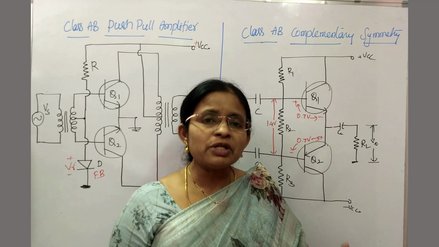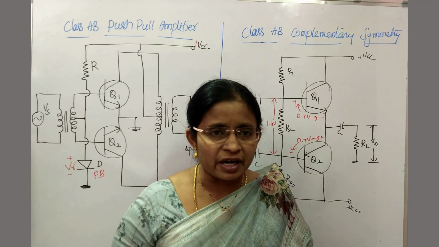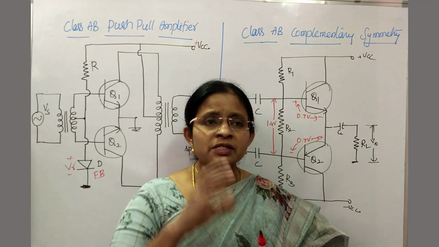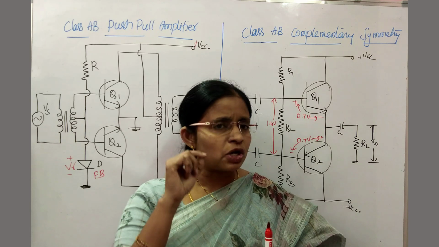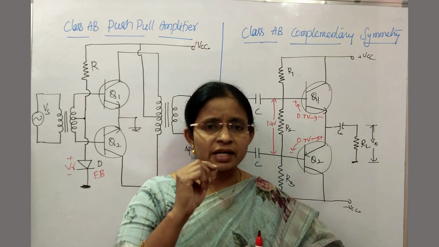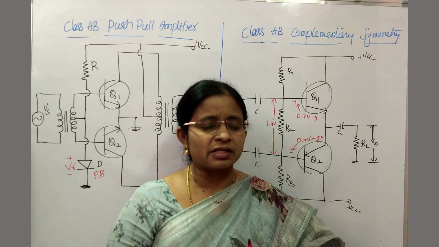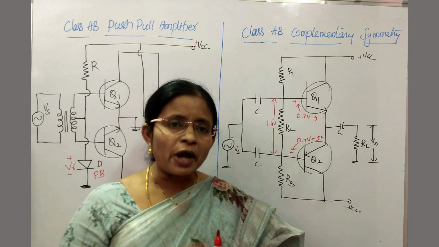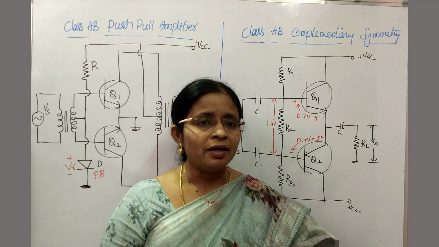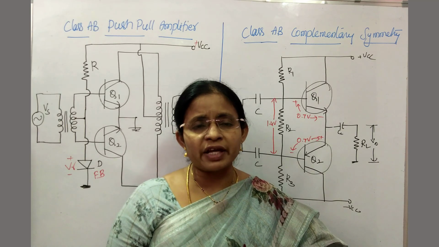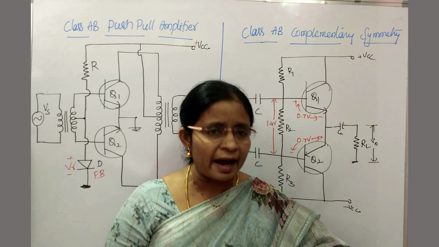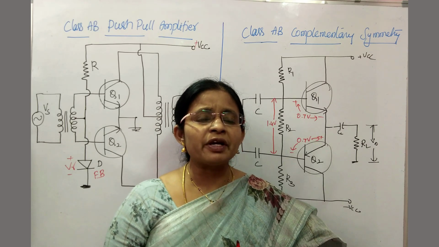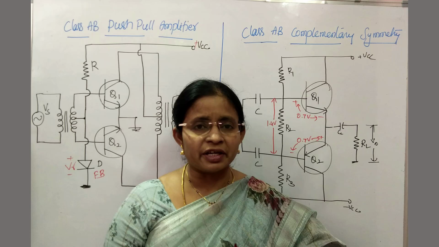Now, coming to the efficiency of the class AB power amplifier. For class B, the Q point is on the x-axis, and for class AB, the Q point is above the x-axis. The small shift is just 0.6 volts. That 0.6 volts is very small compared to the amplitude of the AC signal that the power amplifiers are handling; power amplifiers are also called large signal amplifiers.